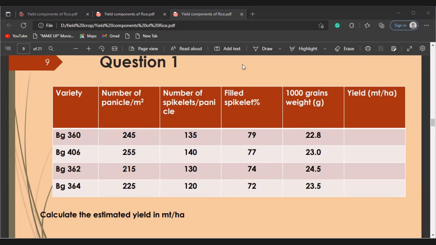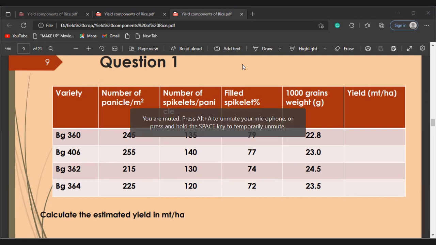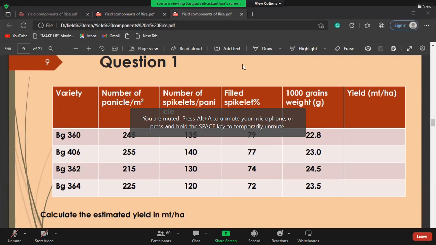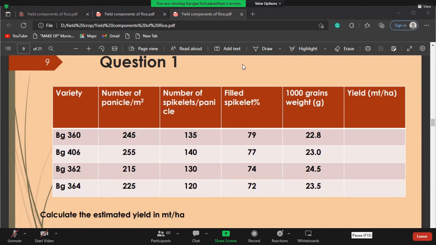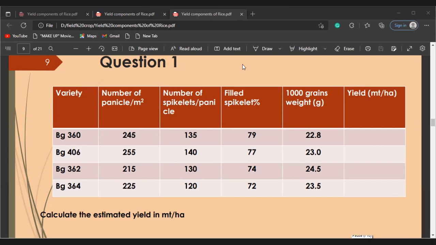That's not applicable for all the varieties; there are some exceptions, but nearly 80% of varieties follow it. So the first digit: if it is BG 360, the maturity period will be near 3 to 3.5 months. If it is 4, nearly 4 to 4.5 months. Got it? There are some exceptions, but nearly 80% follow the first number. If it is 3, nearly 3 to 3.5 months. Clear?